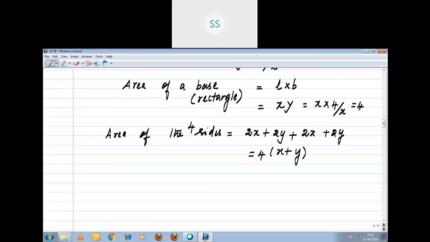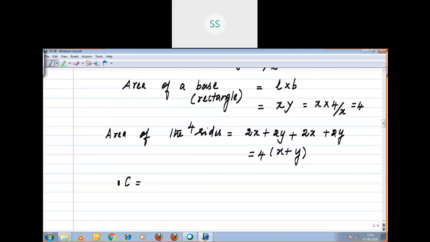Right? Now, what is cost? Cost is given as what? Cost is equal to, for the rectangular base they have to pay 70 rupees, and for the rectangular sides they have to pay 45 rupees.